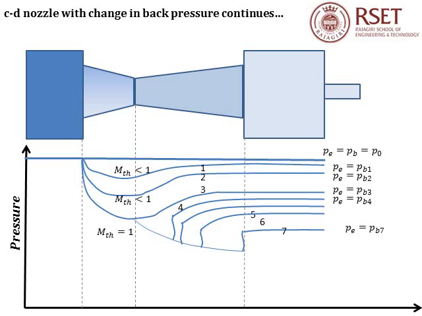Now, moving back to our experiment, when we further reduce the back pressure from PB4 to PB5, we see that the flow again takes the similar curve for the converging part, then it starts accelerating, but here the back pressure is less than the previous case, so from here also it continues to accelerate.